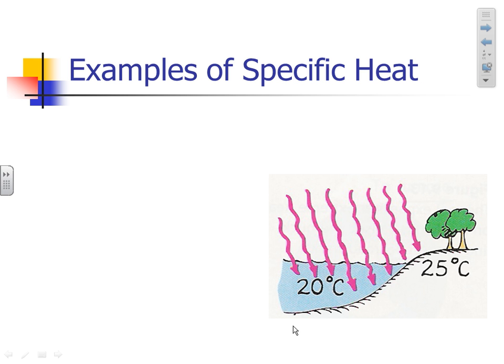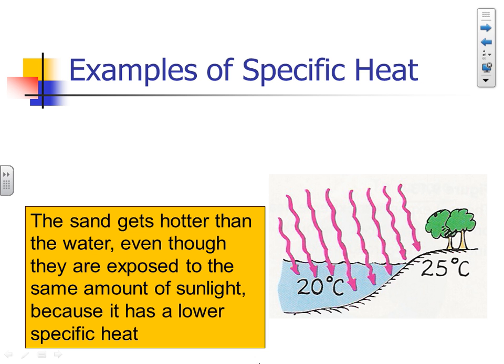Water's okay to touch, right? Has the water been exposed to any less sunlight than the beach has? They've both been in the sun the same amount of time, but the beach is scaldingly hot and the water isn't. Why? Because the sand has a lower specific heat value.